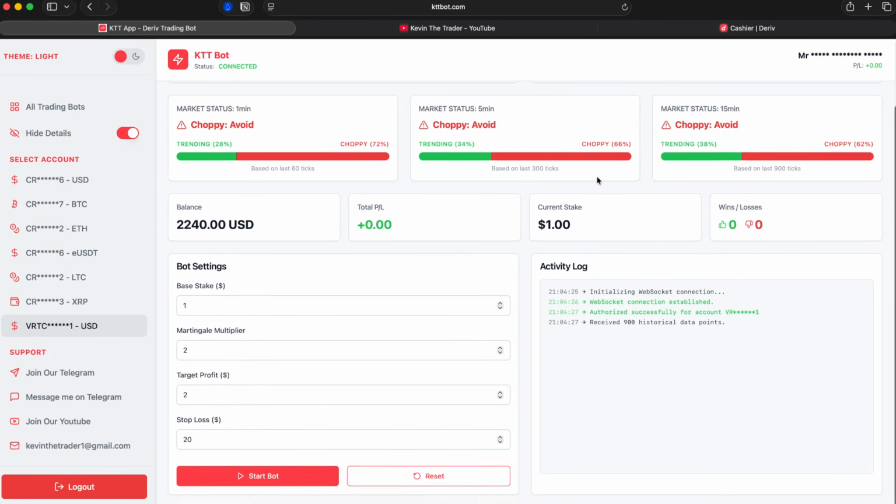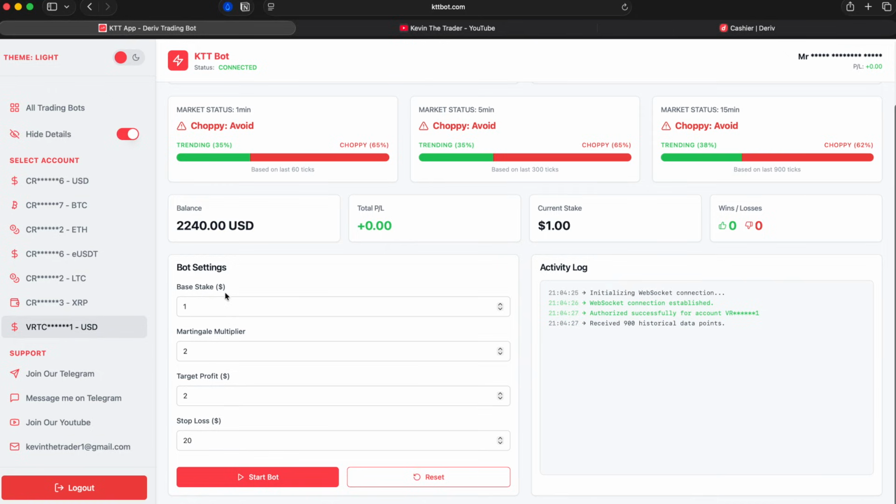So when you come down here, the base stake is 1 by default, and the martingale is 2 by default. The target profit is 2 and the stop loss is 2. If you've been following any other trader, whether it's crypto, indices, synthetics or forex, the base stake is between 0.5% to 20%.